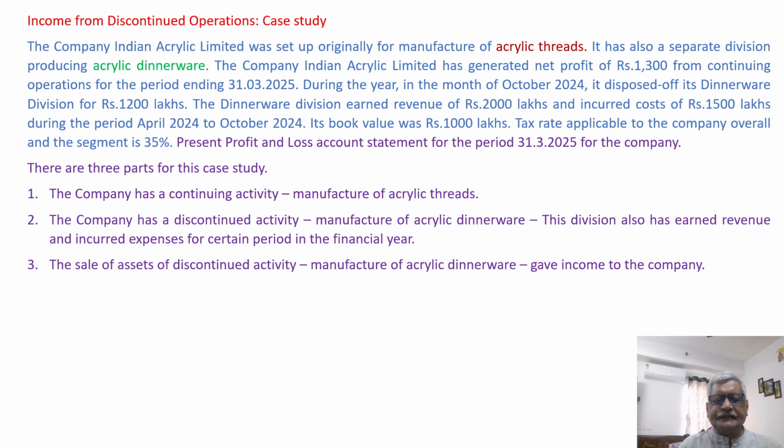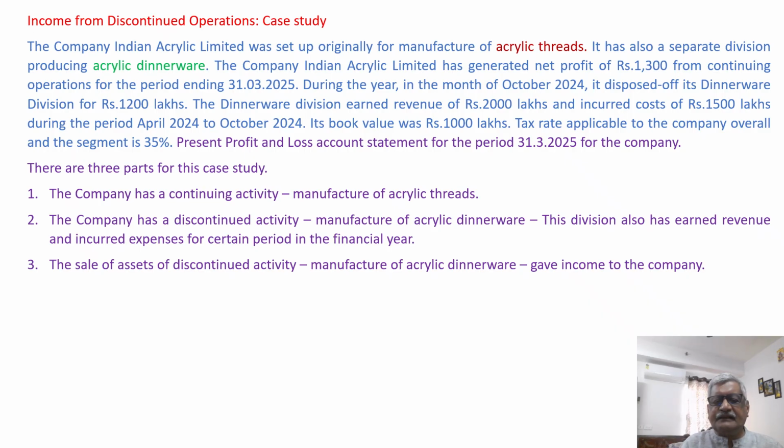The company Indian Acrylic Limited was set up originally for manufacture of acrylic threads. It also has a separate division producing acrylic dinnerware. The company has generated a net profit of 1,300 from continuing operation for the period ending 31/3/2025. During the year, in October 2024, it disposed of its dinnerware division for rupees 1,200 lakhs.